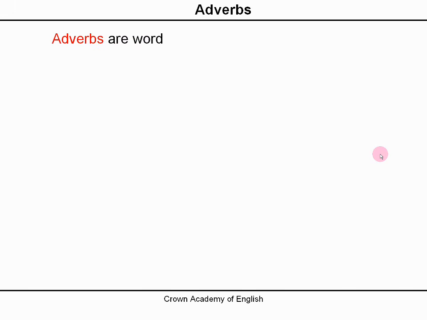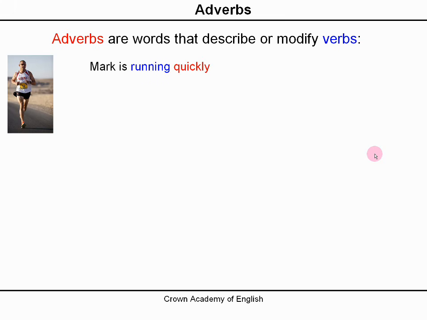Adverbs are words that describe or modify verbs. Mark is running quickly. So here is the verb, running, that is the action. And quickly is describing the action. It is giving us more information about the action. And here, this is an example of an adverb of manner.